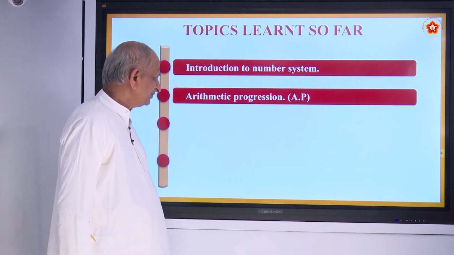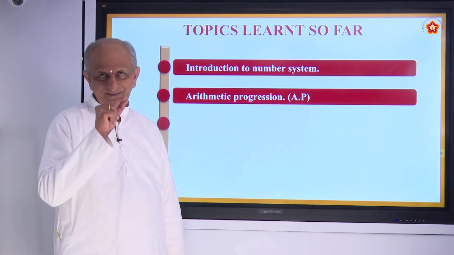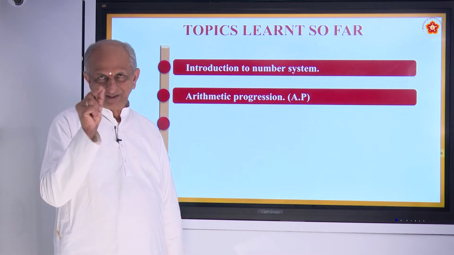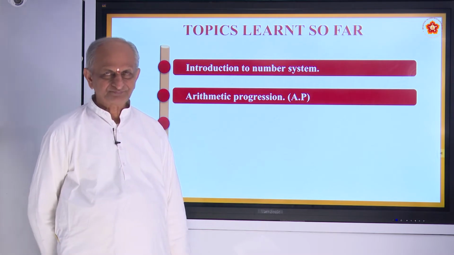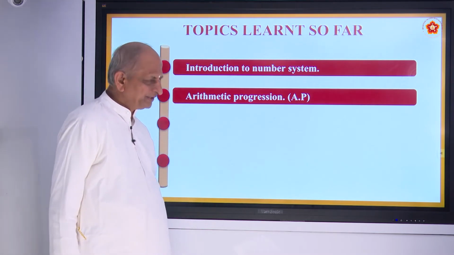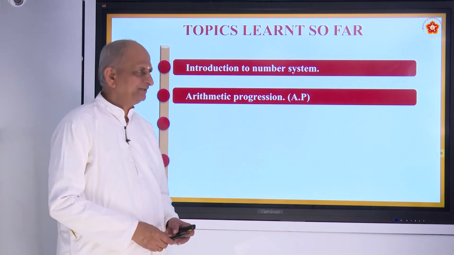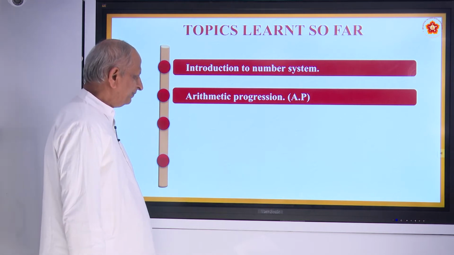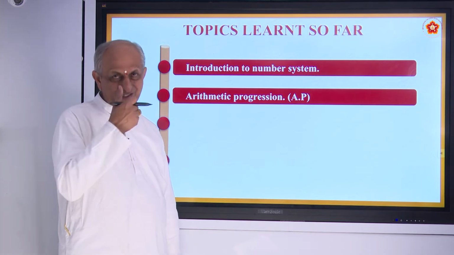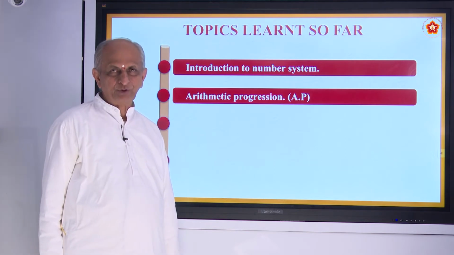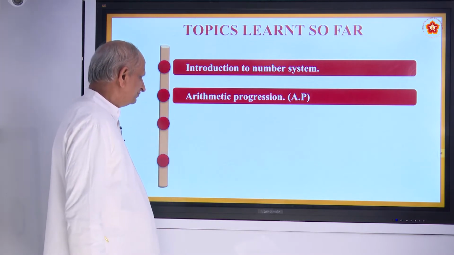We have also studied progression, arithmetic progression, where there is a definite difference between the two terms. We call them terms. If there is a constant difference between the two terms, we call it arithmetic progression. Of course, there are two more progressions which you will study later, called geometric progression and harmonic progression. But let us not worry about that now.